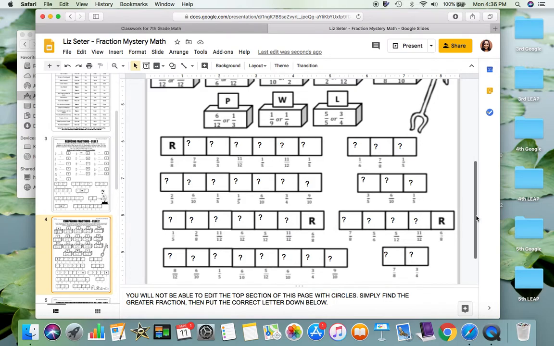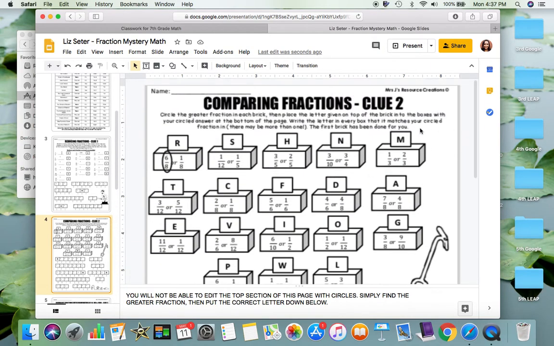The other day I know I put one on here that was kind of blurry. Let's go back up to the top. 1/12 or 1/5, and I want to find out which one is the greatest. This one is saying 1 out of 12. This one is saying 1 out of 5. So the larger fraction is going to be 1/5. You can't really circle it up here. It's not going to let you edit it.